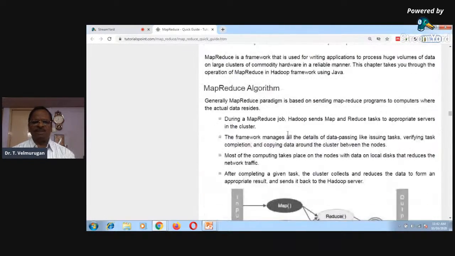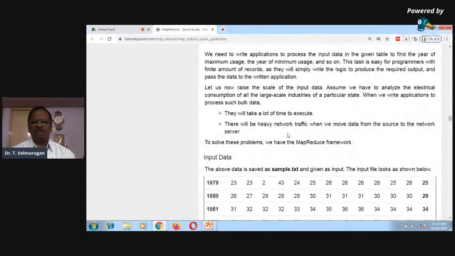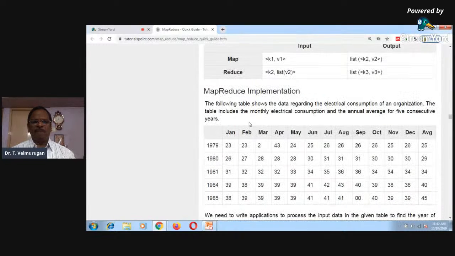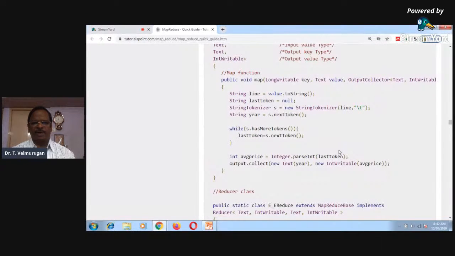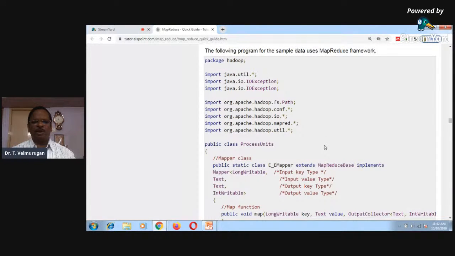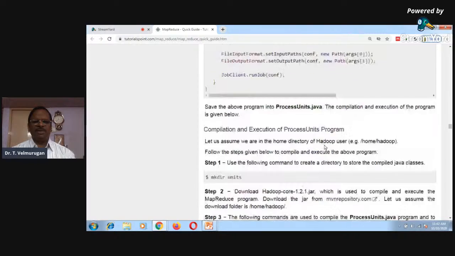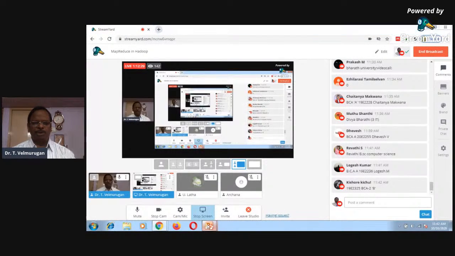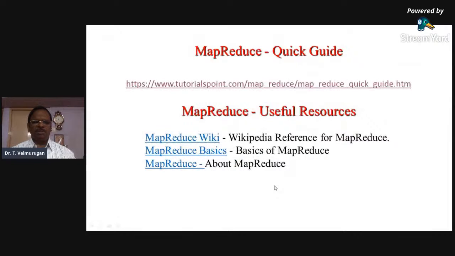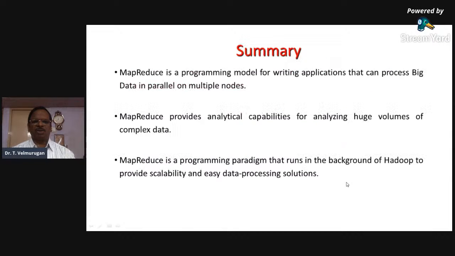What functions are available, what the mapping information is, how a table is reduced, MapReduce implementation, how to write source code, all Java-oriented source code and packages, everything is given in this MapReduce tutorial. Some simple useful references are also given.